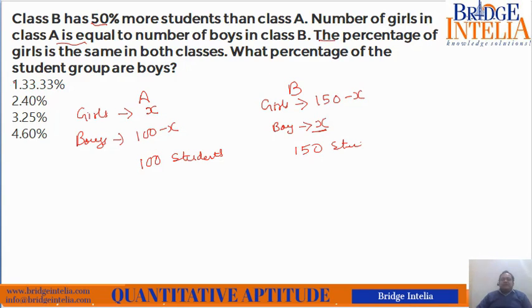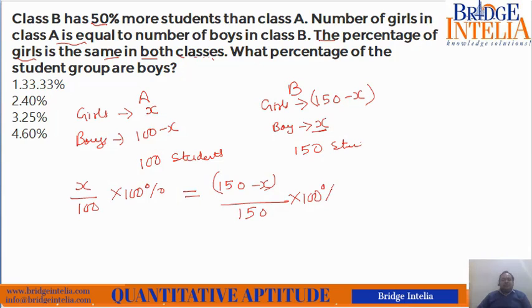Now what is being said? The percentage of girls is the same in both classes. The percentage of girls in section A is x upon 100 into 100%. This is said to be equal to the percentage of girls in section B. So 100% cancels.